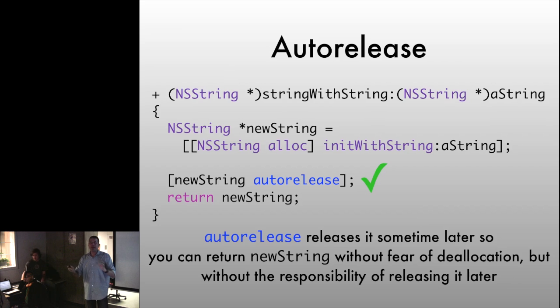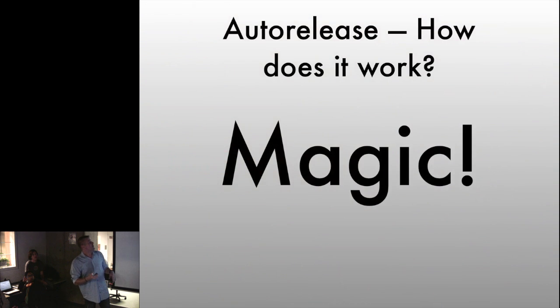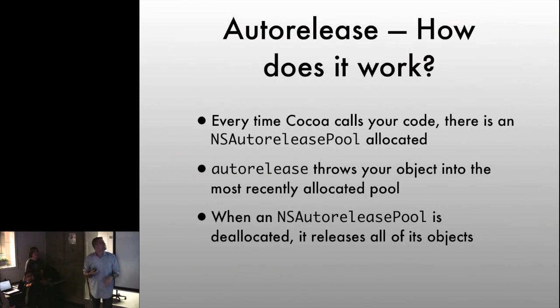So let's peek a little bit under the hood so this doesn't seem like such magic. Every time Cocoa calls your code, at the beginning of the run loop of your program, whether it's an OS X application or an iOS application, and this doesn't mean when your program starts, this means every time your program is called by the system, it allocates what's called an NSAutoreleasePool.